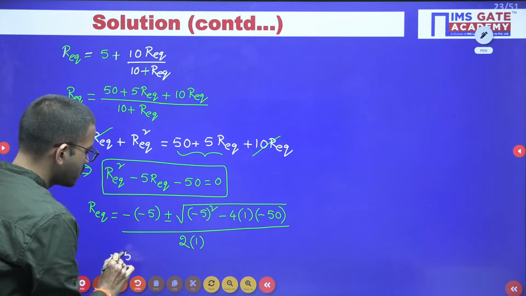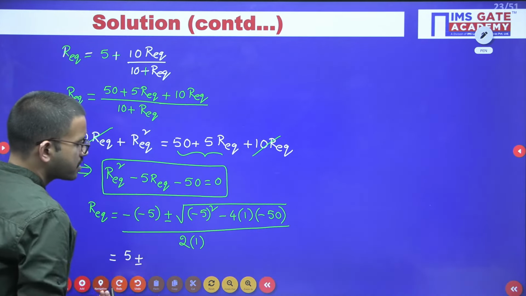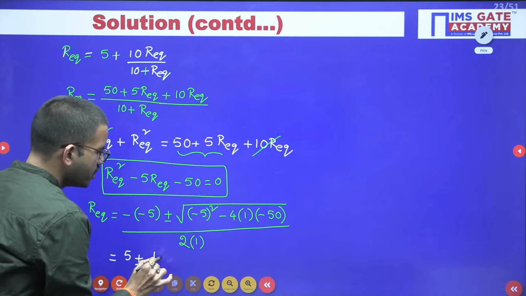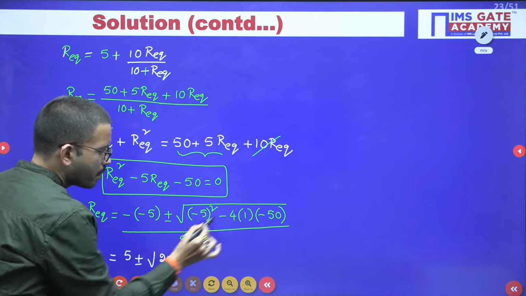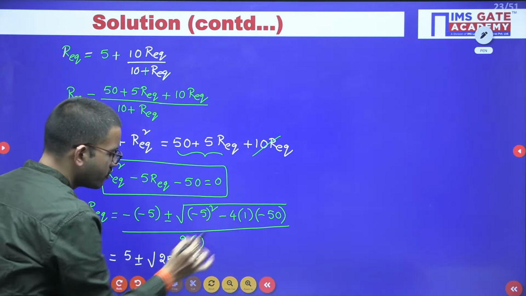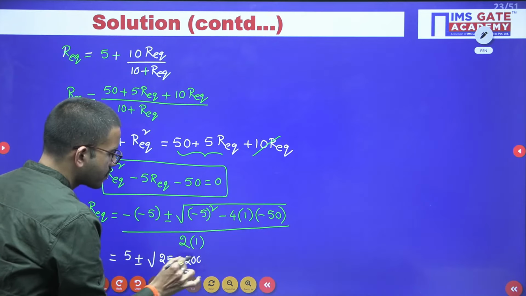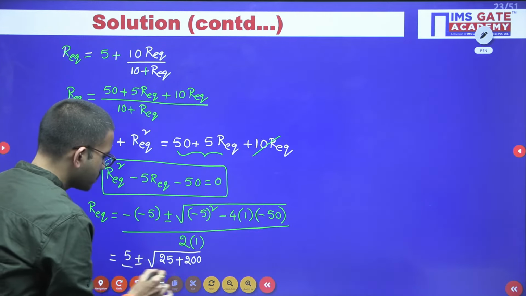Minus of minus, that is plus 5 plus or minus square root of 5 square is 25, minus into minus plus 4 times 50 is 200, divided by 2.